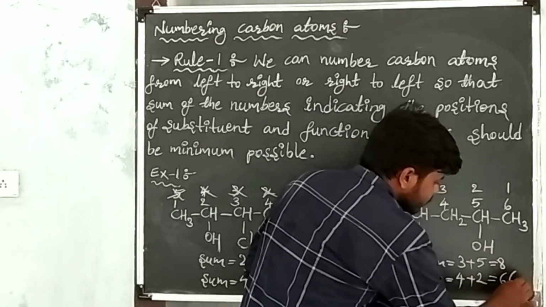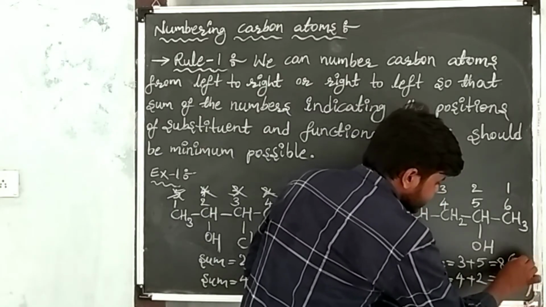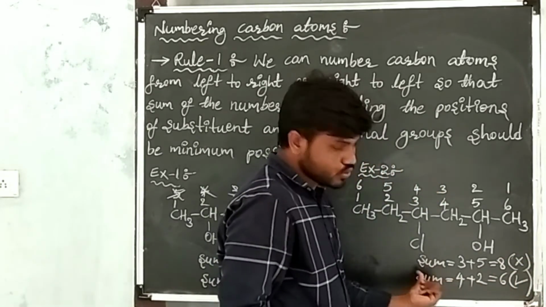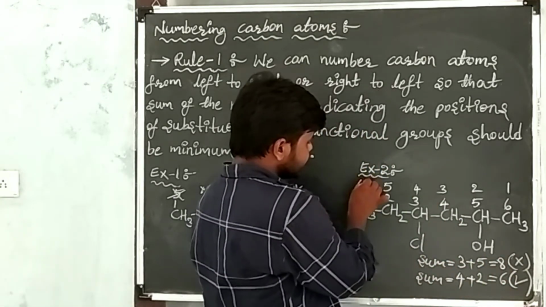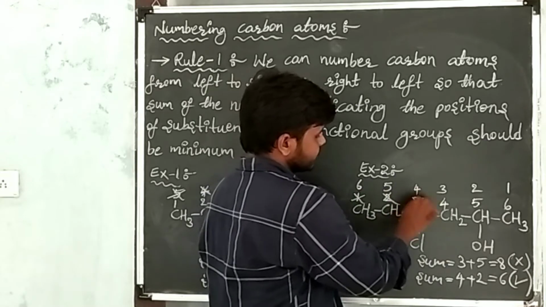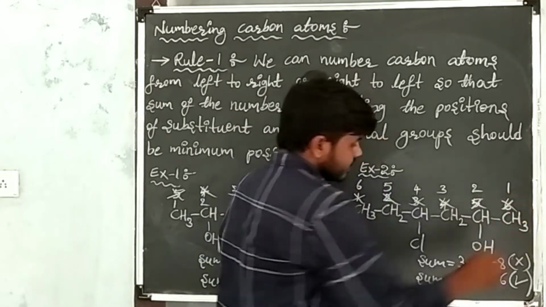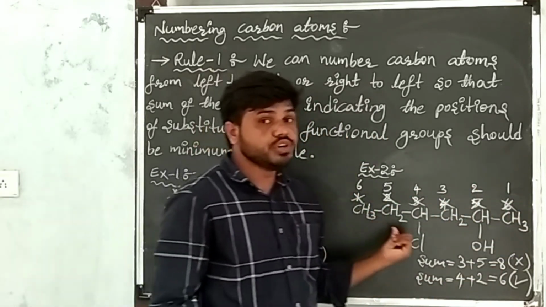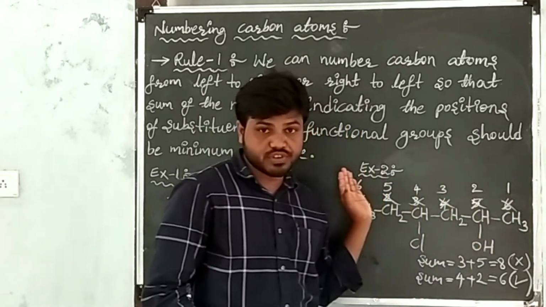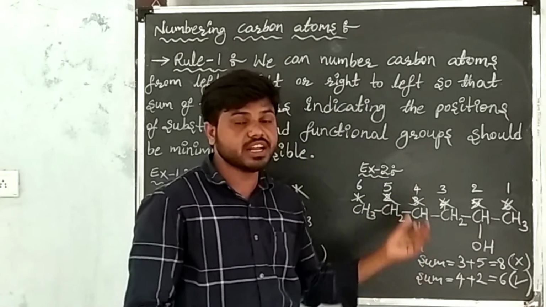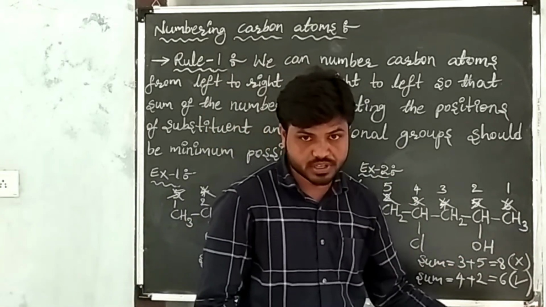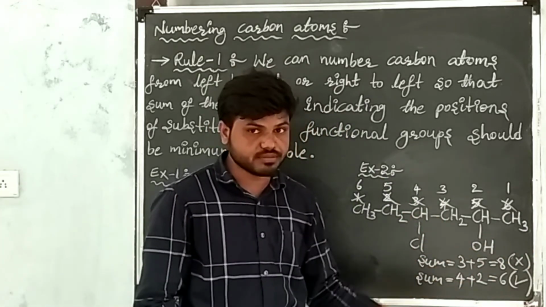So according to rule 1, the second case is correct, the first case is wrong. For this carbon compound, we should give the numbers to the carbon atoms from right to left. Then only we get the minimum possible sum.